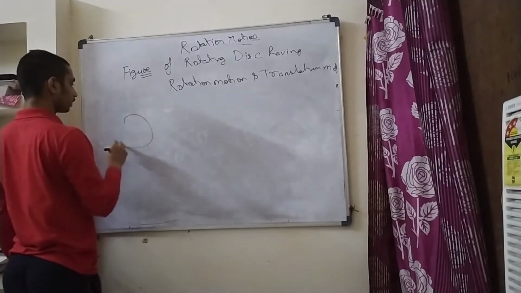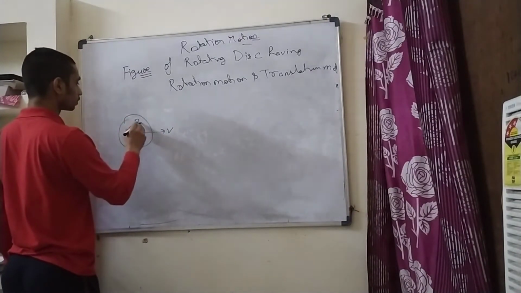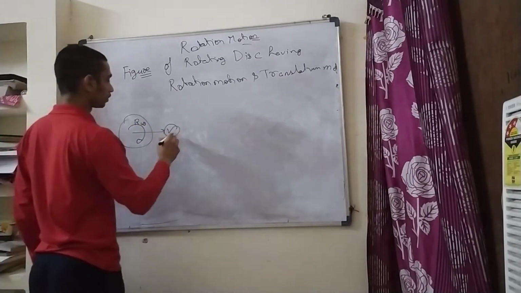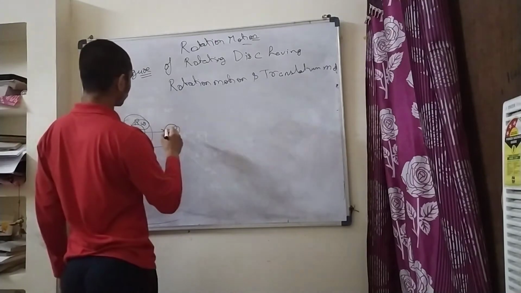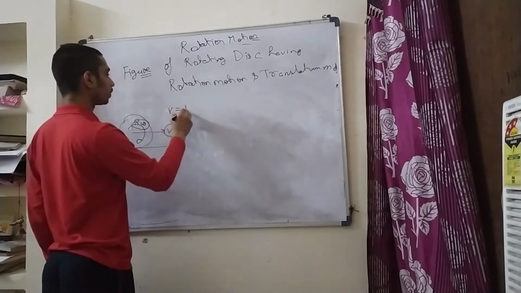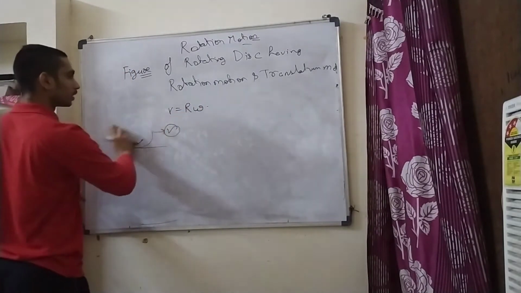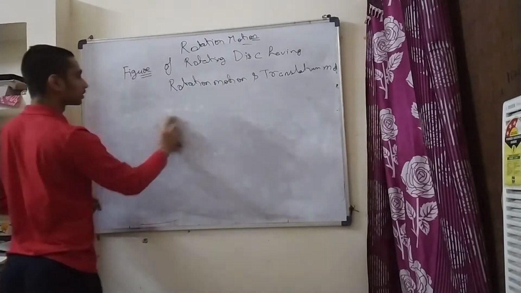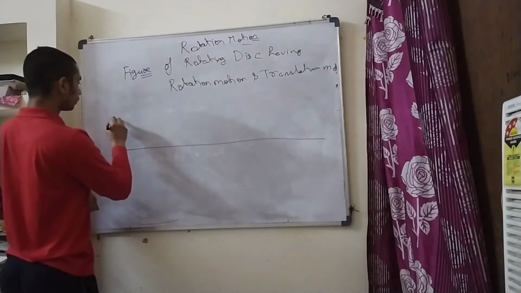So if a disc is having linear motion as v and rotation motion as r omega, and v is equal to r omega, then how will we draw the trajectory of this disc? The trajectory will be like this.